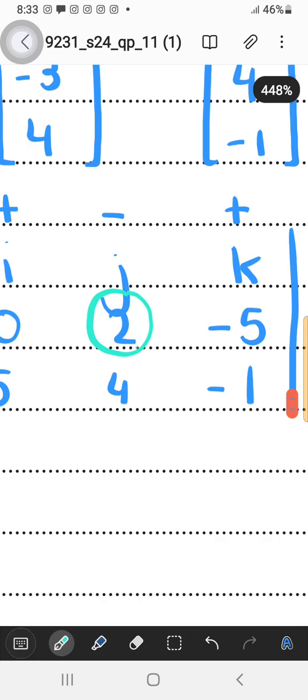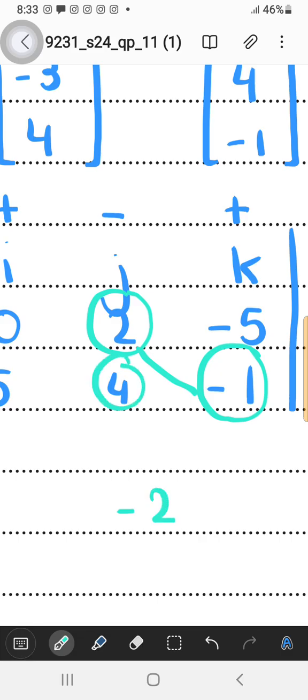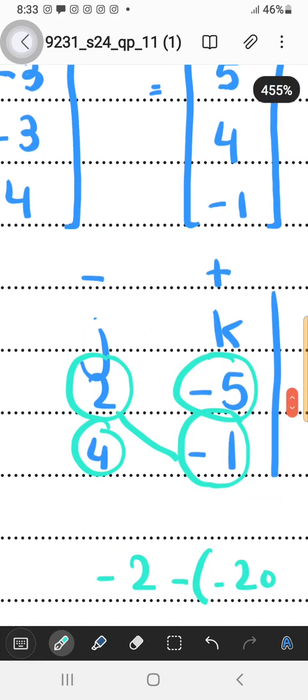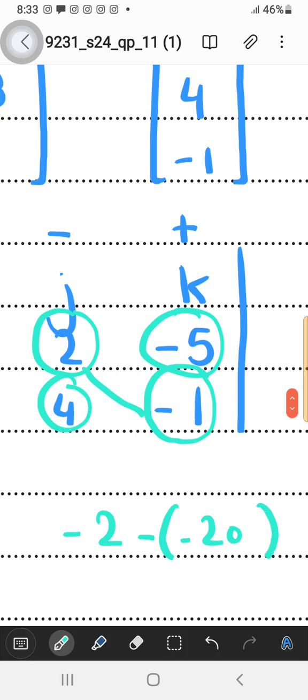First multiply 2 by minus 1. We will get minus 2. Then multiply 4 by minus 5. We will get minus 20, and we will write minus here and insert this in the calculator, and we are getting 18 here, okay.